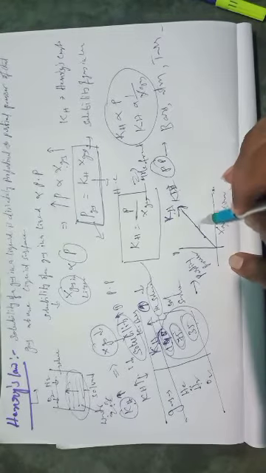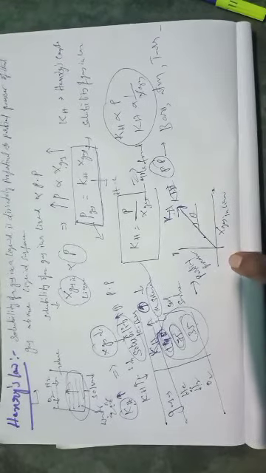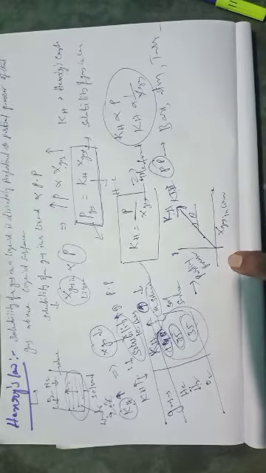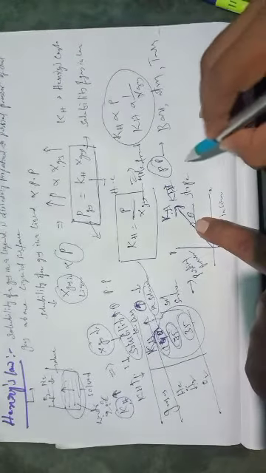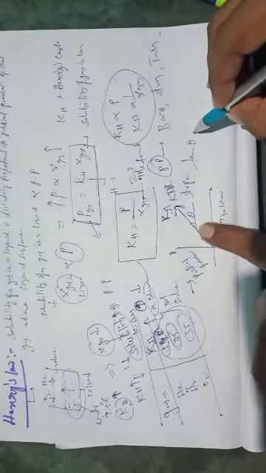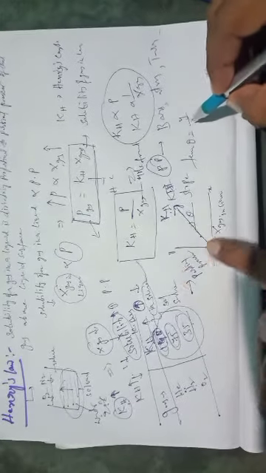The slope of this graph is theta. Tan theta equals y by x.